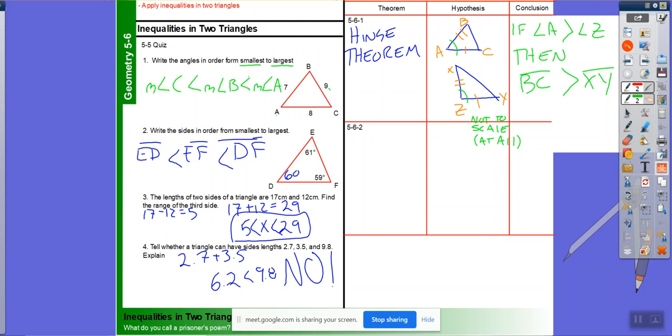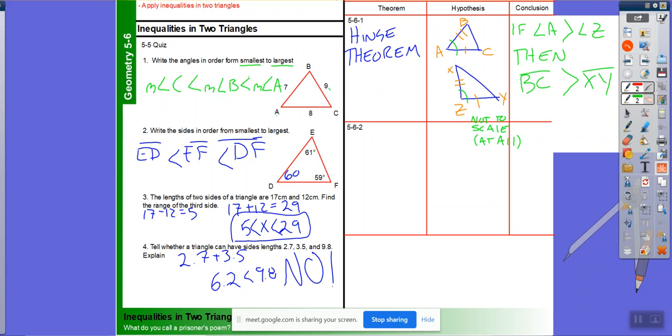Isn't this basically just like ASA? No, so angle side angle is saying... I mean SAS, side angle side. In side angle side, the angle that is adjacent to both sides is congruent, whereas in this case, the angles that are inside the two congruent side lengths are not congruent.